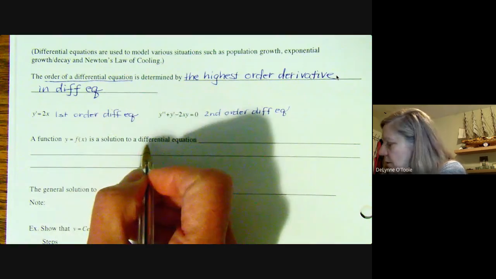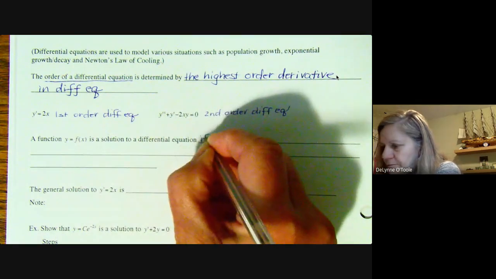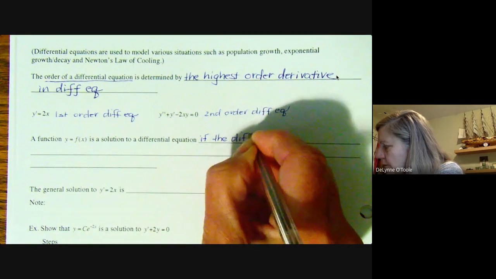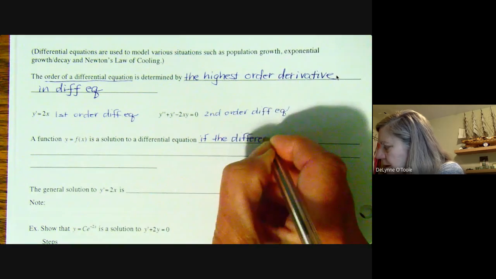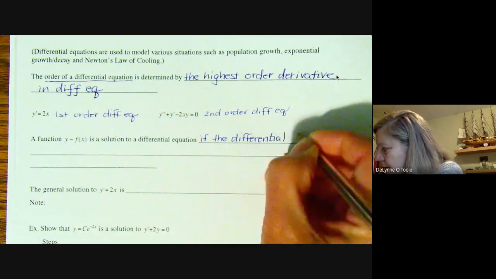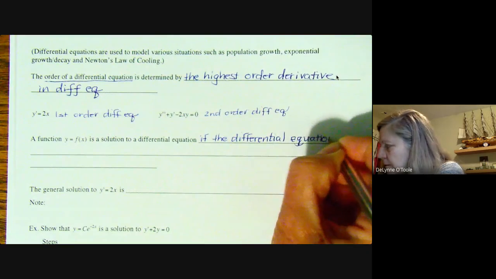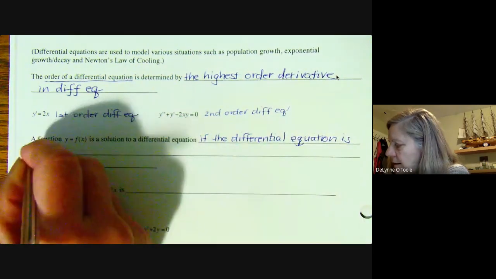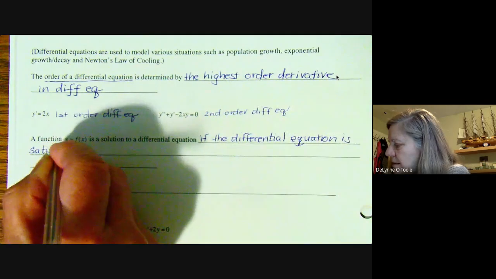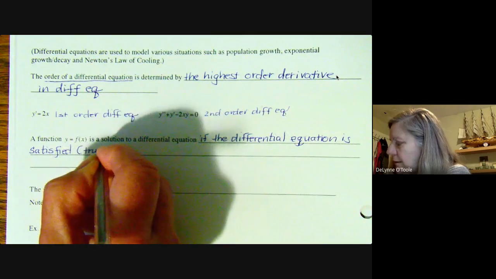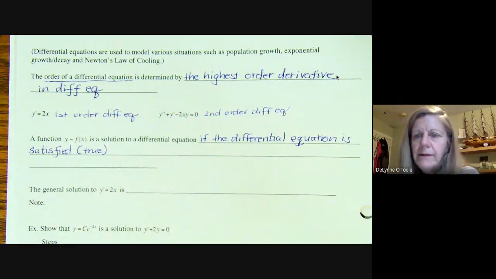A function is a solution to a differential equation if the differential equation is satisfied. All right, well, that's not the terminology I would use. I would just use it's true. It's a true equation. It's really equal. One side is really, truly equal to the other side, okay?